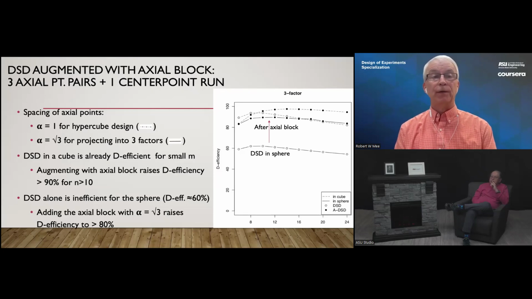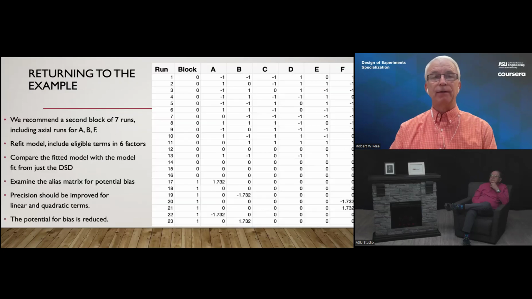A sphere with alpha square root of 3 puts the axial points the same distance as full factorial points. This plot shows how augmenting the DSD improves the D efficiency. And I'll pass over other details.